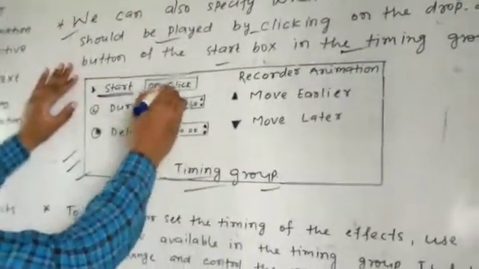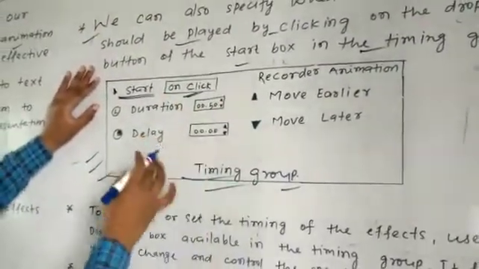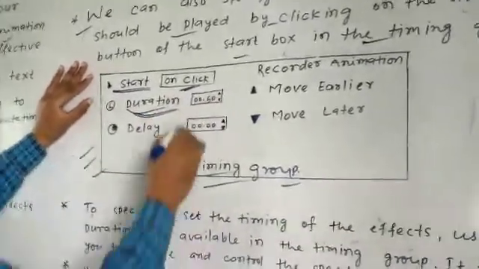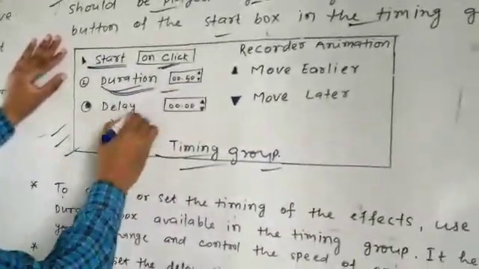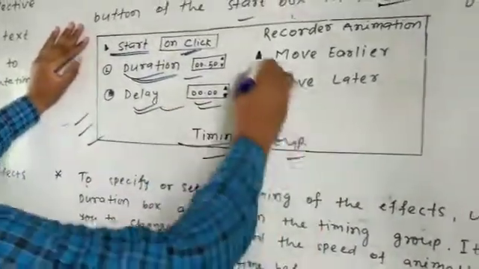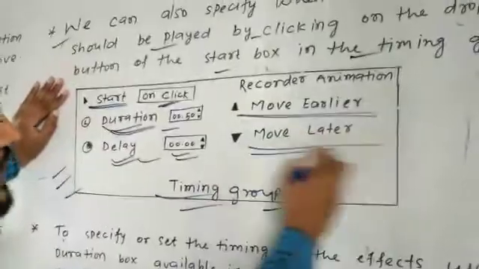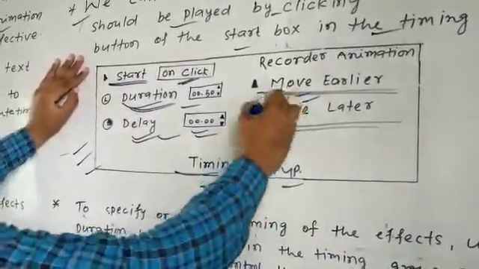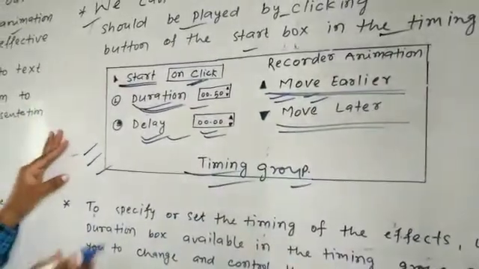When we click on this area, the animation starts, and we can set the duration and the delay of the animation. We can apply this to our object, our program.